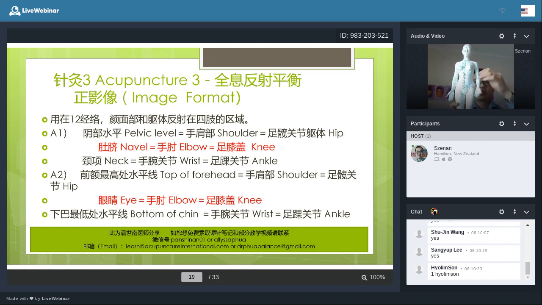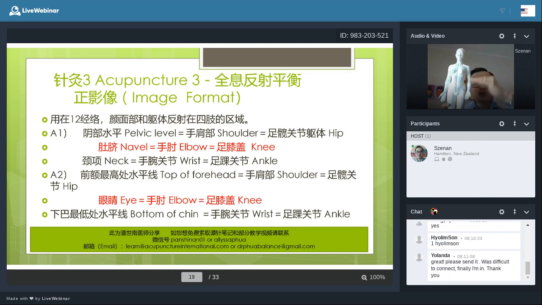We are using hands and legs to treat the trunk and to treat the head and face. This is image format. It's just a name, image and mirror. It doesn't matter about the name, as long as you know which area treats which area.